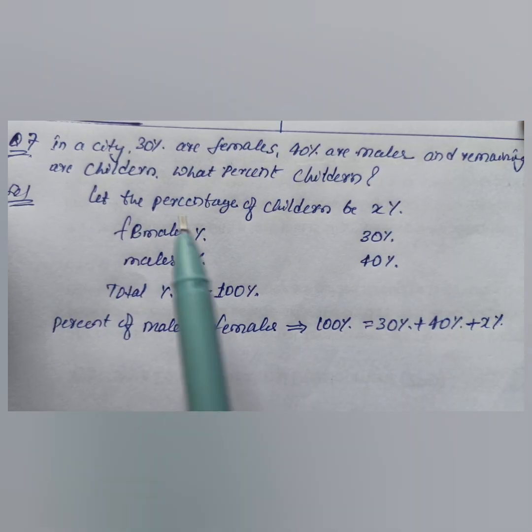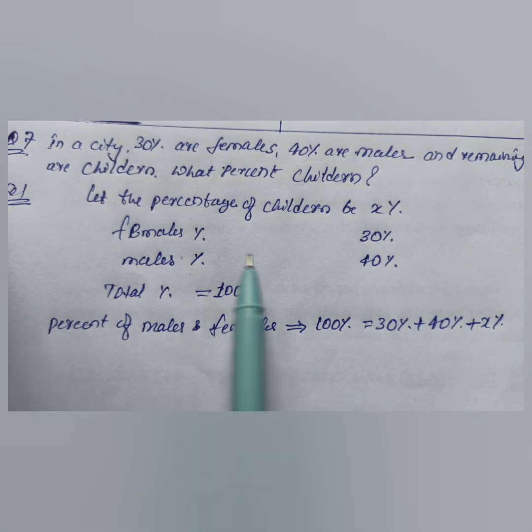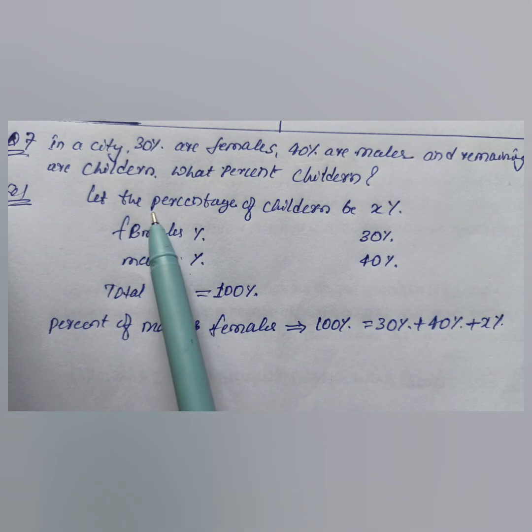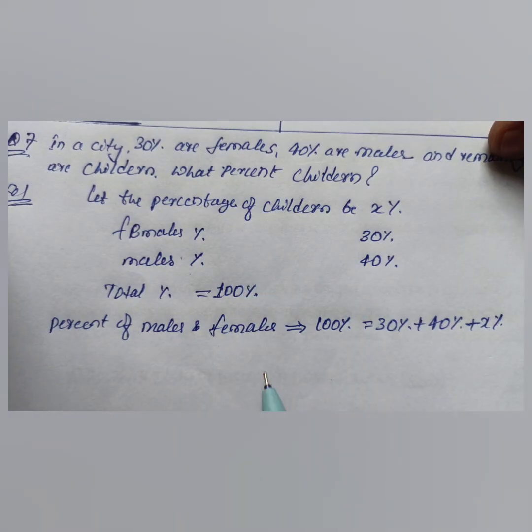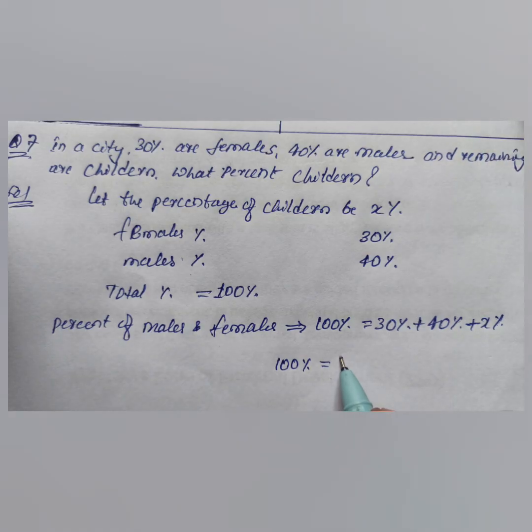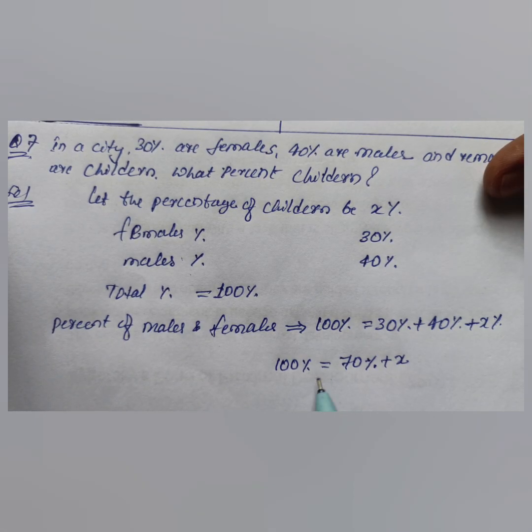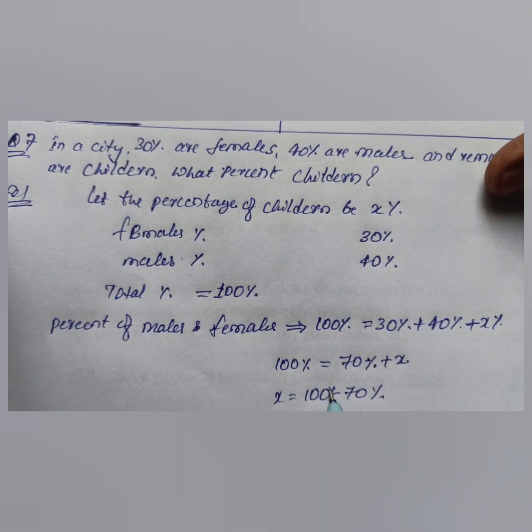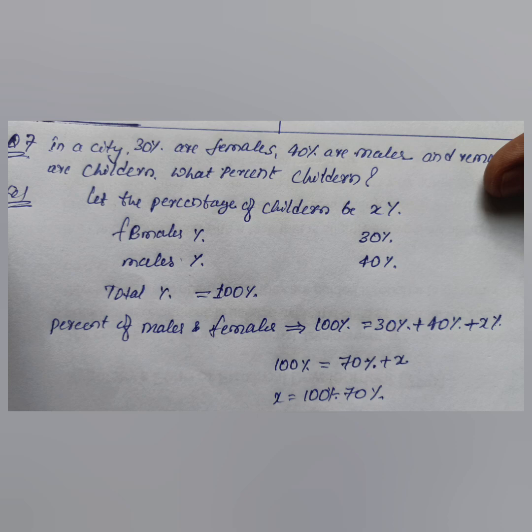So we know the percentage of males and females is 70%. We need to find the percentage of children, which is X%. So we can write it as 70% plus X equals 100%. Therefore X is equal to 100 minus 70%. X is equal to 30%.